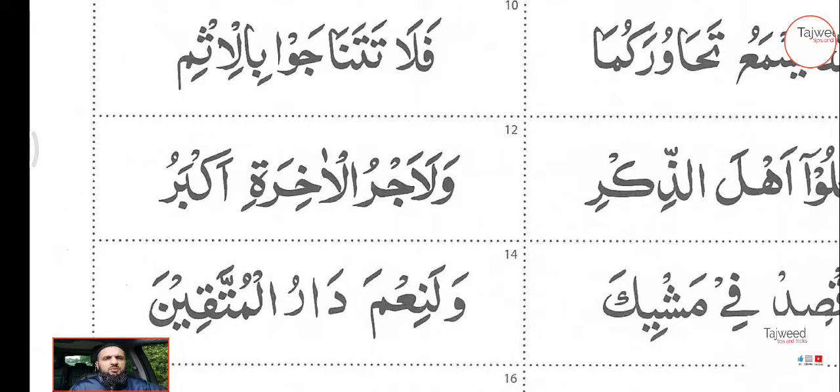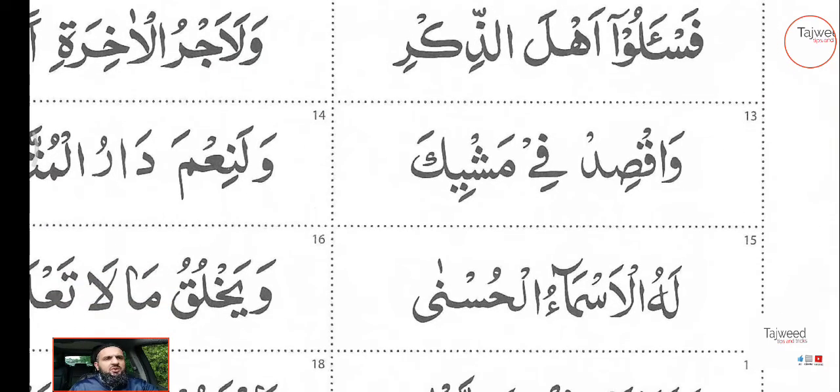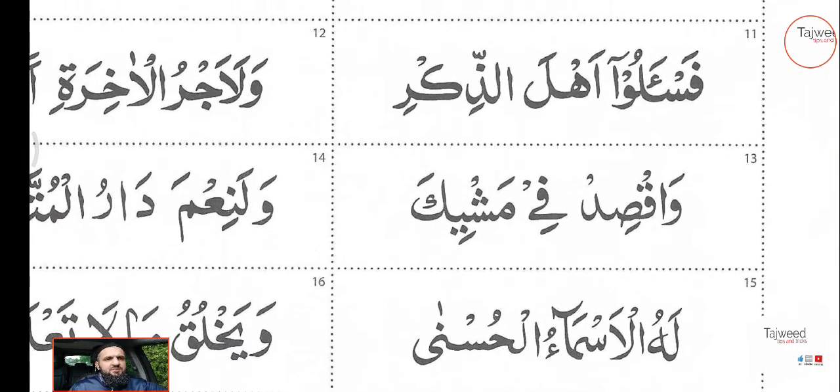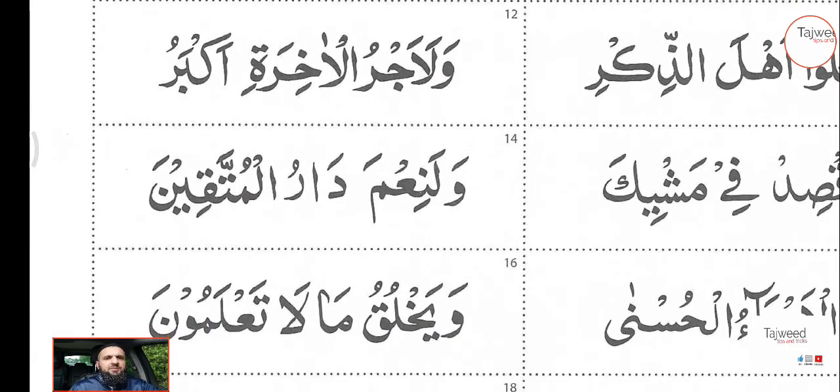Akbaru becomes Akbar, because the dhamma is changed to a sukoon on the ra. Box number 13. Mashyika becomes Mashyik, because the kaf becomes a joining kaf, because we change the fatha to a sukoon. Mashyik when you're stopping on it.